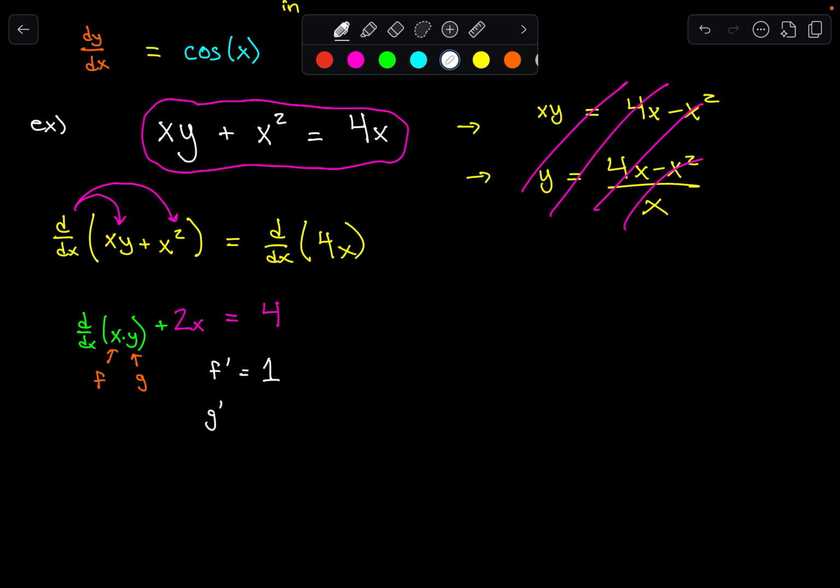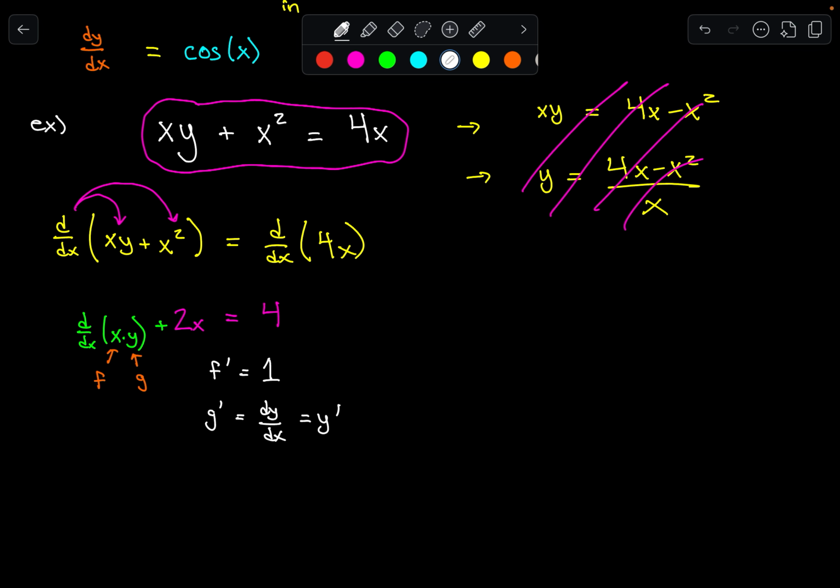And I'm going to need g prime. Well, last time I checked, the derivative of y with respect to x is going to be dy dx. Okay, that's it. Or if you wanted, you could write it as y prime.